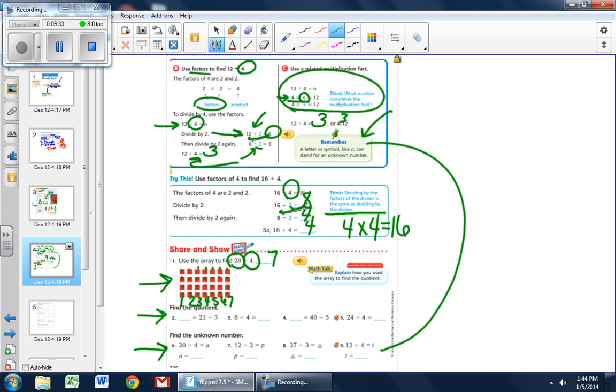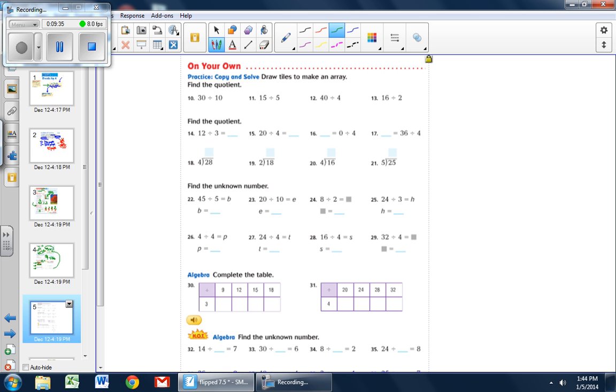So leaving that for just a second, your next page is also on your own. Again, it says at the beginning to draw tiles to make an array, so make sure you do that on 10 through 13. I know it may seem silly if you know your facts already, but the directions do say draw the tiles to make an array on 10 through 13. Okay? Then the next section, you're going to find the quotient. You can find that in any way that you want to.